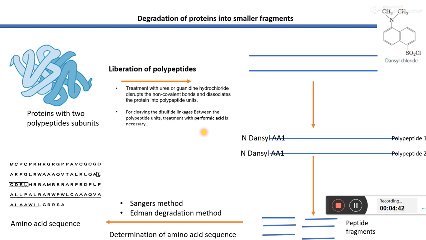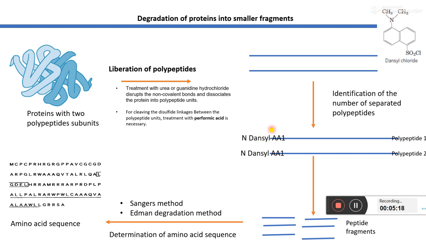After that, when polypeptides have been separated, we have to identify the number of separated polypeptides, right? The number of polypeptide chains can be identified by treating the protein with dansyl chloride. It specifically binds with the N-terminal amino acids to form dansyl polypeptides, which on hydrolysis yield N-terminal dansyl amino acids.